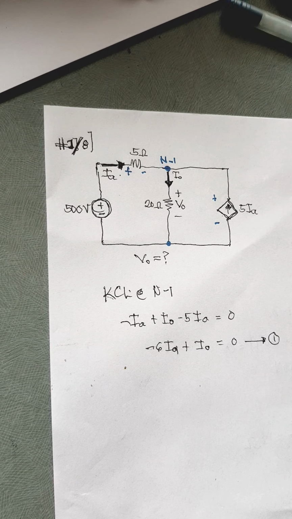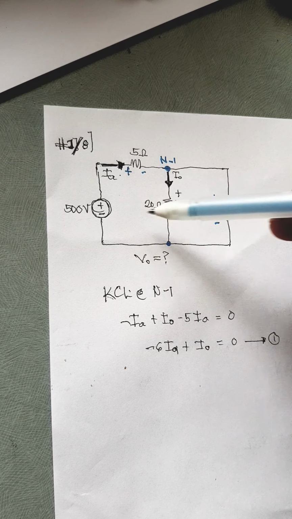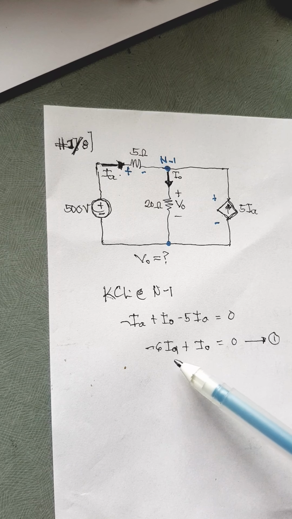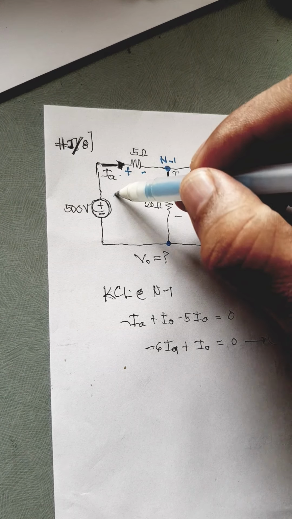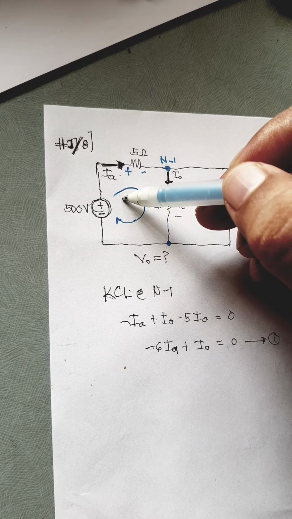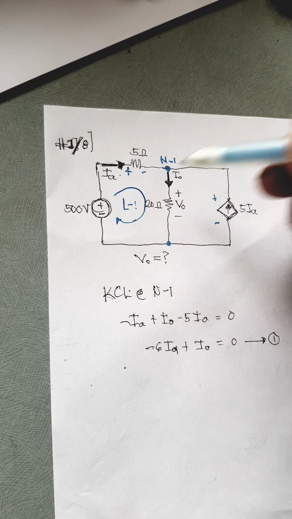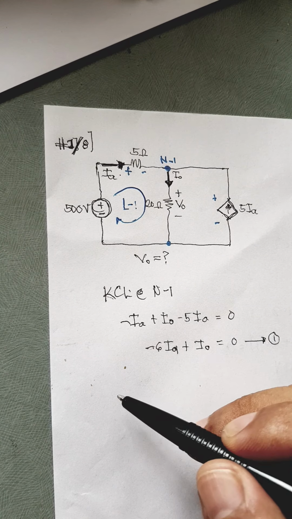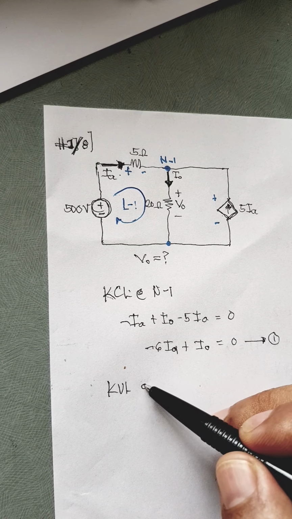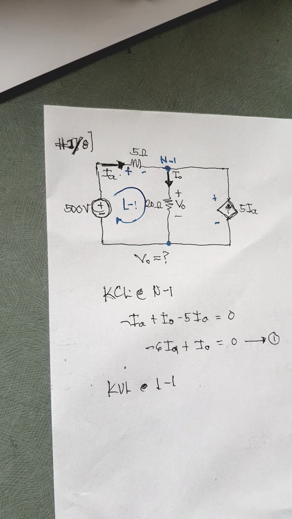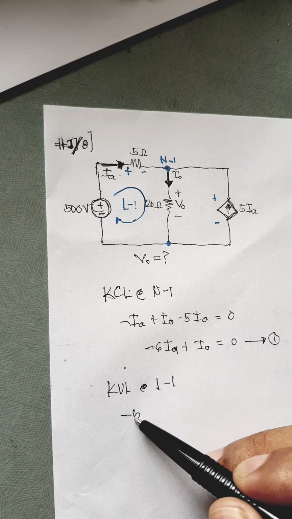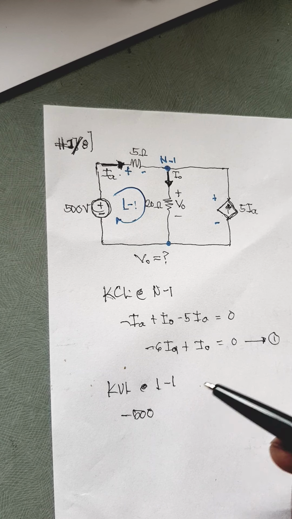Now, we can perform KVL here, here, or the outer loop. But since our variables are IA and IO, we can perform KVL at loop 1. Why? Because IA is here and IO is also here, so they will be part of our next equation. So KVL at loop 1. Let's start with 500. So negative 500. Why negative? Because it enters the negative terminal.